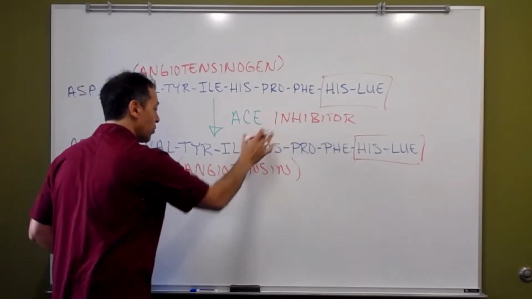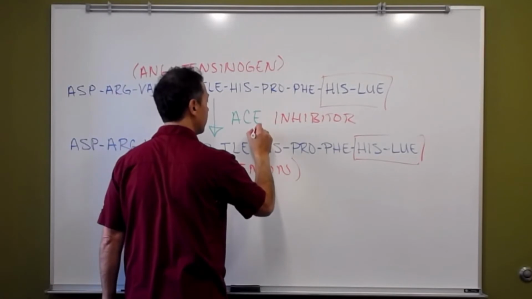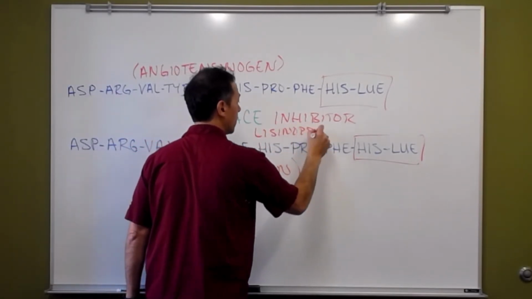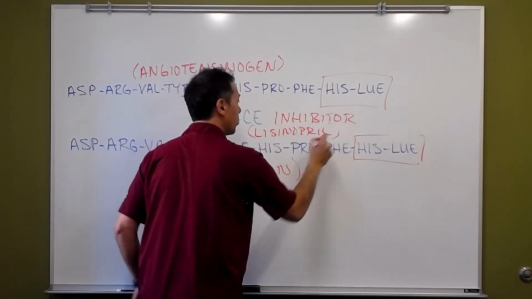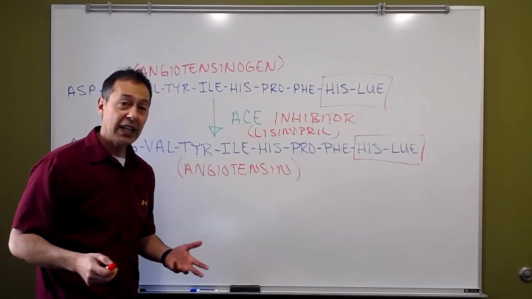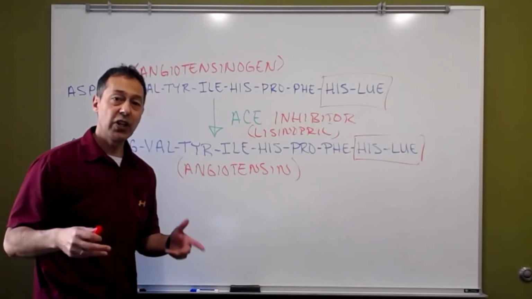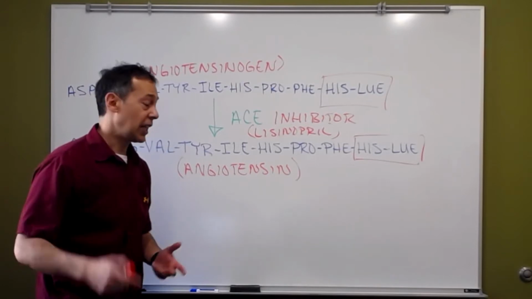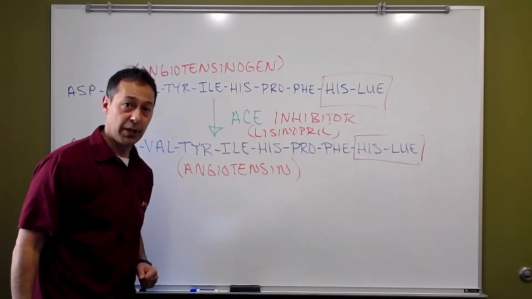And the most common one is called lisinopril. And lisinopril, the brand name of that is Zestril, and it's a very common blood pressure reducing medication, an ACE inhibitor.